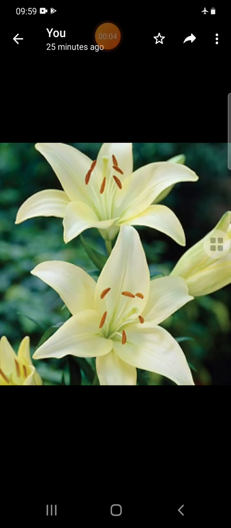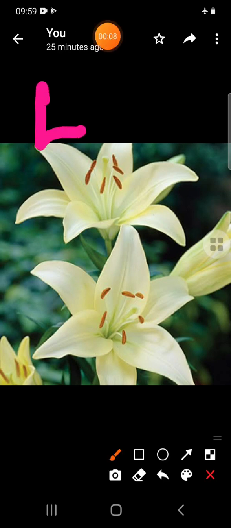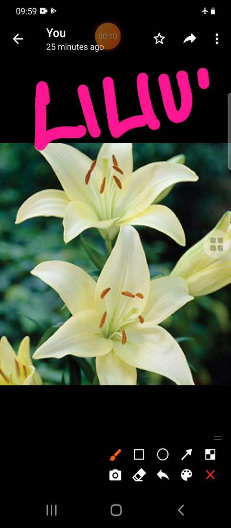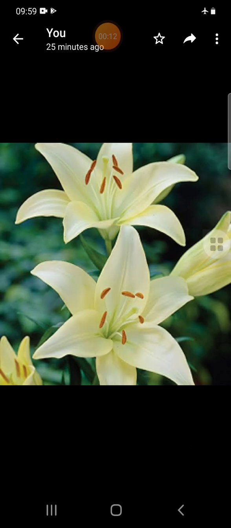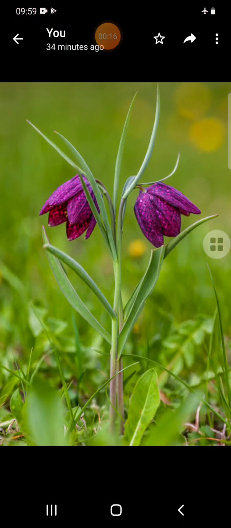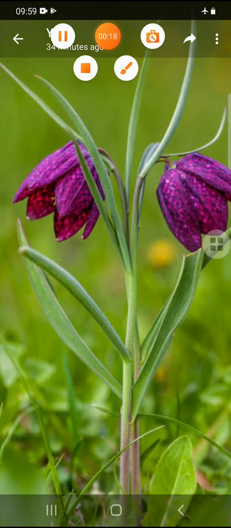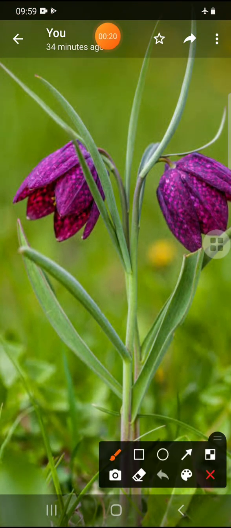The picture right in front of you, this is lilium. And this picture, this is fritillaria.